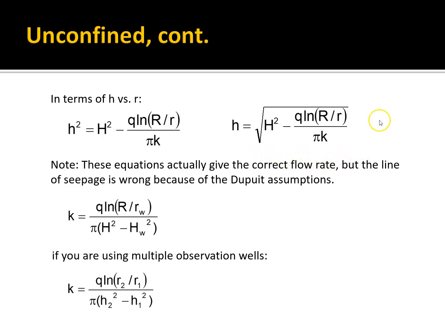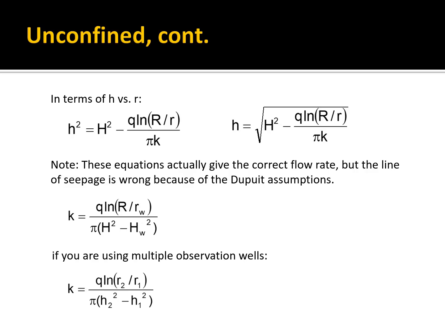So now this is our equation that defines the height of the water table as a function of the radial distance away from the center of the well. Okay? And these equations actually give the correct flow rate, but the line of seepage is wrong because of the Dupuit assumptions. We'll look at that in the next slide or two.